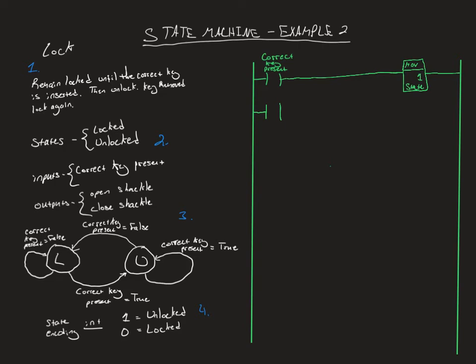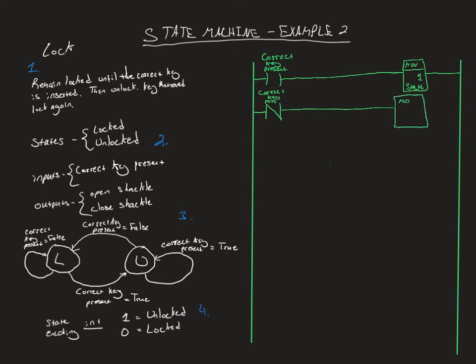If the correct key is not present, we'll shorten present to pres, then we're going to move a 0 in so that the state machine goes into a locked state.